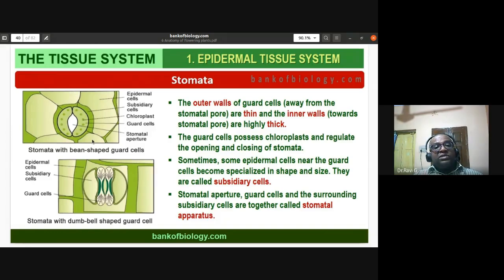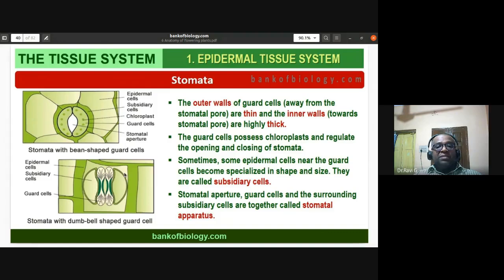The outer walls of the guard cells are thin when compared to the inner walls towards the stoma. So away from the stoma are the outer walls, which are thin. Towards the stoma, they are thick. The guard cells possess chloroplasts and they regulate the opening and closing of stoma.